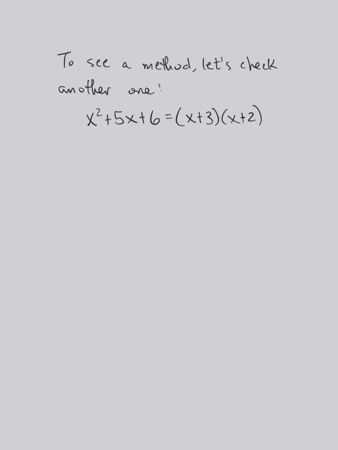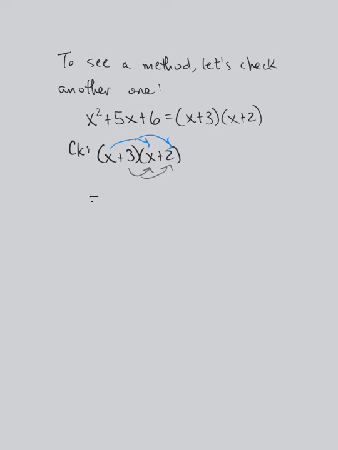Let's check to make sure that I'm actually correct though. To check, I start with my answer and I want to hopefully get back to what I started with. So I want to show that that product right here is equal to what I was given. Remember how we check again. Hopefully this is repetitive, because if it's repetitive, it means you're getting it down. So I do that double distribution there.